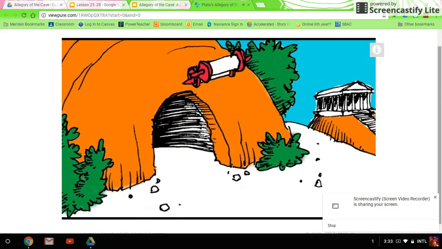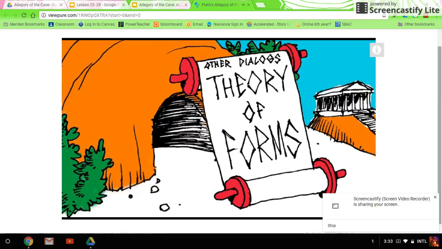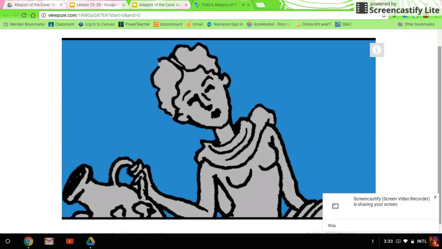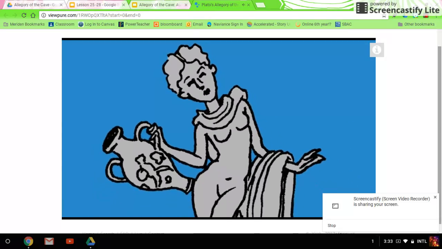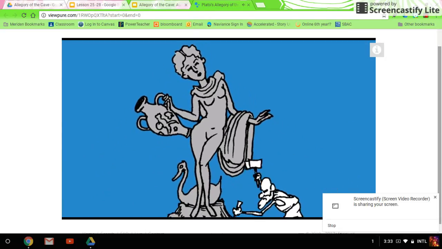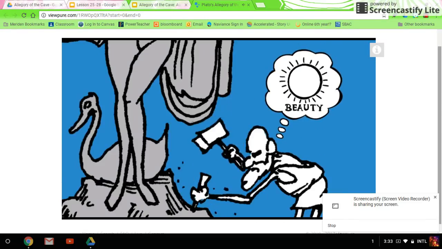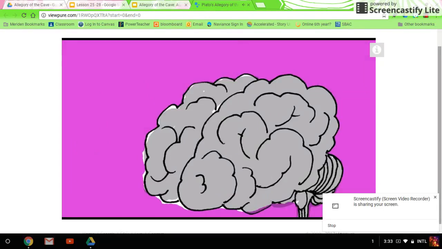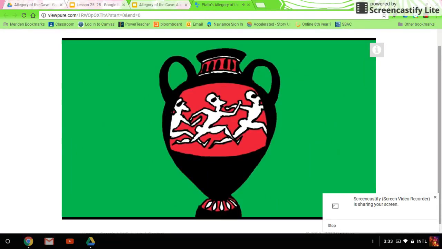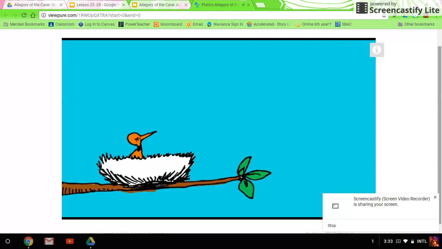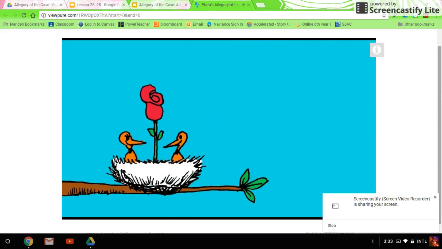Importantly, the allegory is connected to the theory of forms developed in Plato's other dialogues, which holds that, like the shadows on the wall, things in the physical world are flawed reflections of ideal forms, such as roundness or beauty. In this way, the cave leads to many fundamental questions, including the origin of knowledge, the problem of representation, and the nature of reality itself.